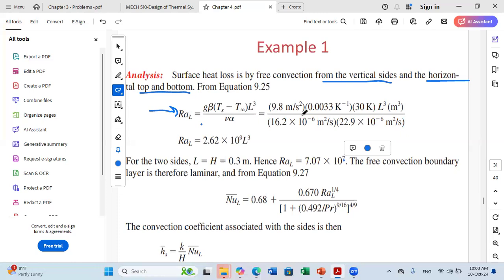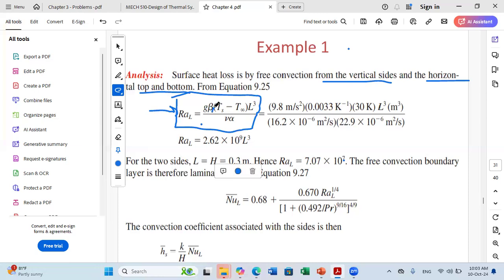Okay, so first, what you should do, you go to your appendix, you find the formula of Rayleigh number. The formula of Rayleigh number has g, which is the gravitational acceleration, 9.8 meter per second squared. Beta, here we should pay attention to something.